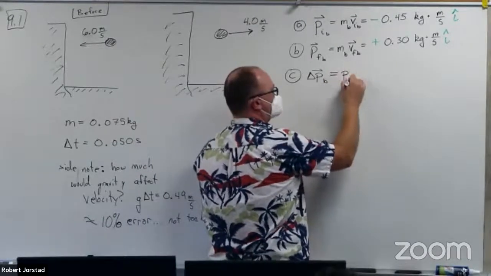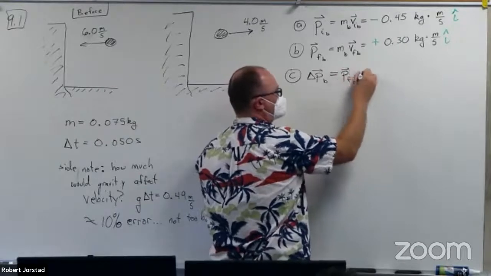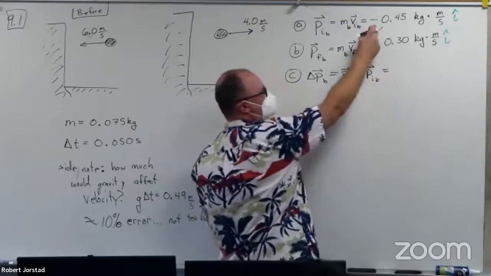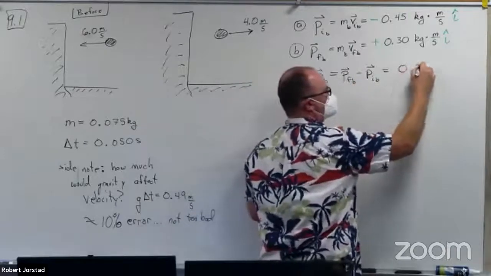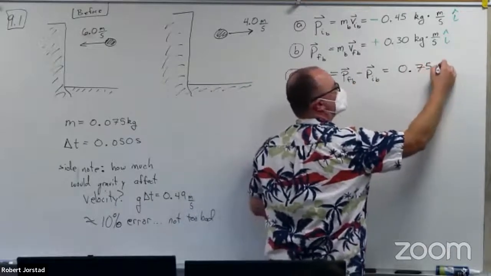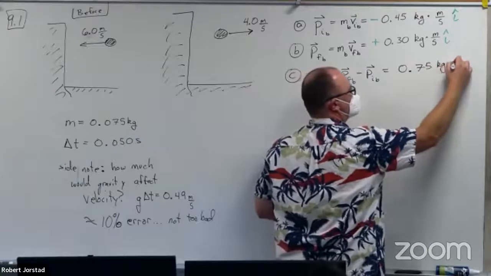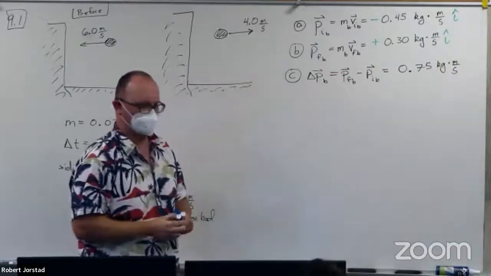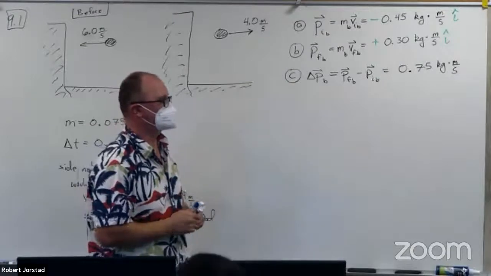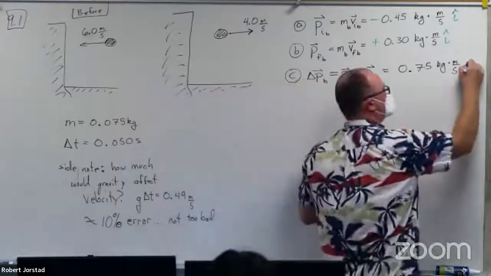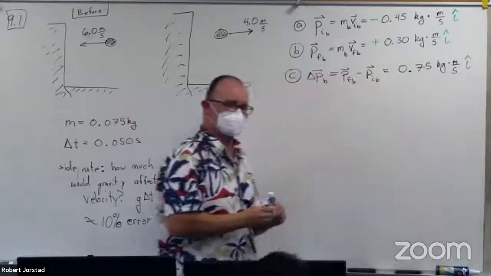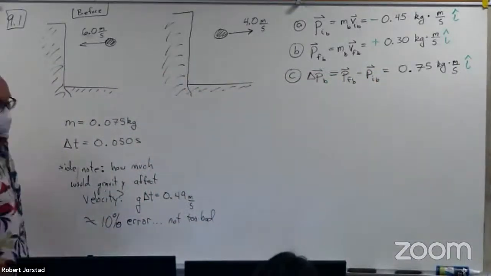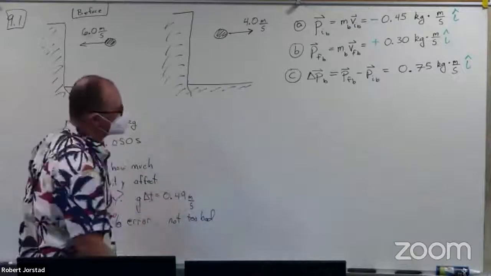It's P final ball minus P initial ball, and there's no shortcutting it. The minus of the minus gives me 75. Are you good on that? No. Why not? There should be an i and the direction, so in this case, positive. Exactly. Good. Nice. Change in momentum is a vector because momentum is a vector. You got it.